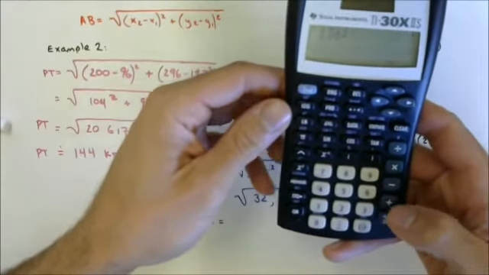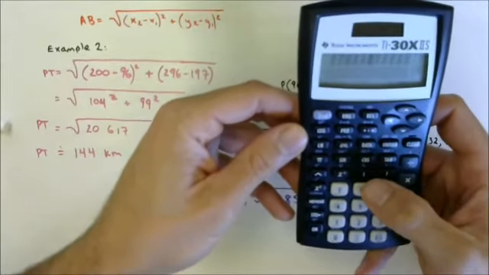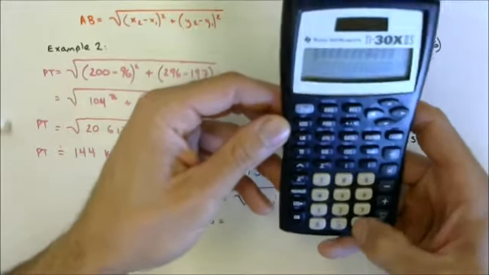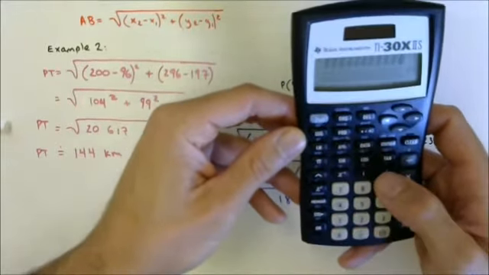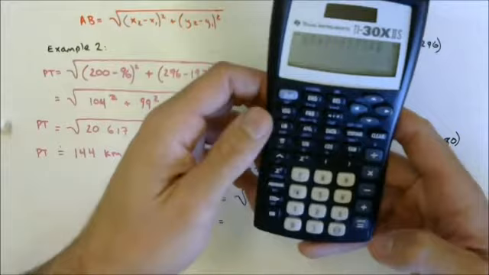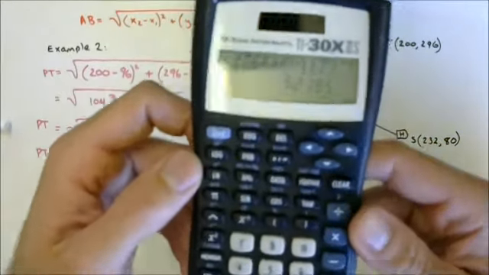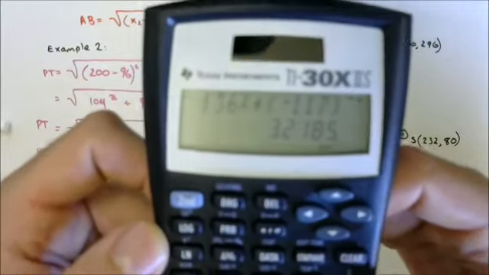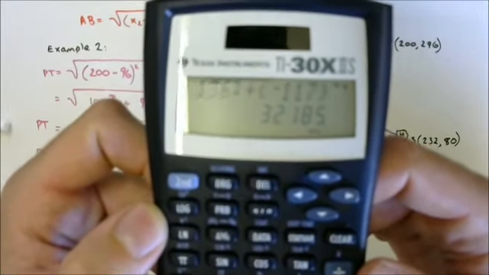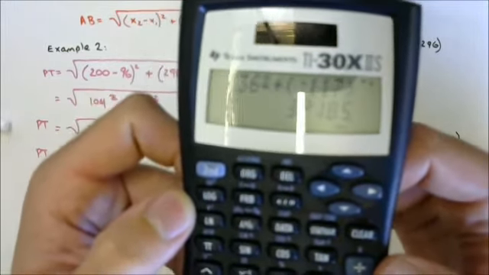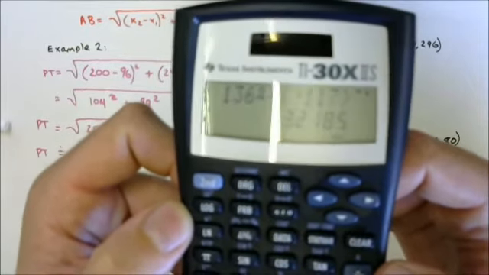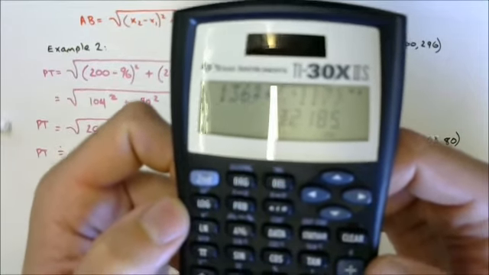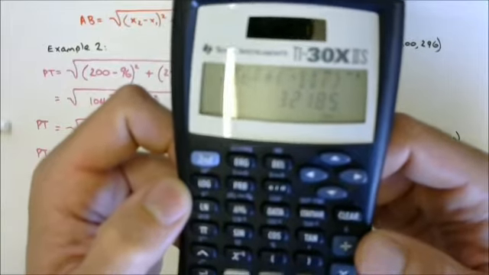You could right away click plus, and then if you use your brackets, you can go bracket negative 117, close bracket, squared, and your calculator will come out with 32,185. Now you could have put in positive 117 squared and you would get the same answer. If you're going to do it as the negative, then make sure you use those brackets so your calculator knows what you're doing.